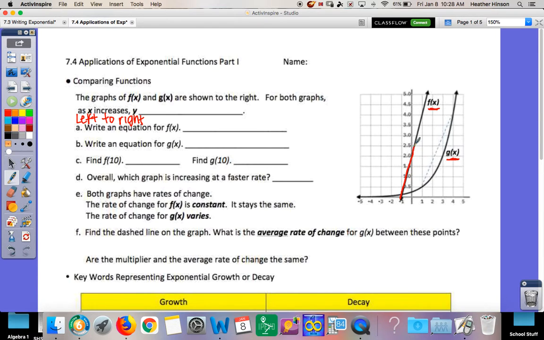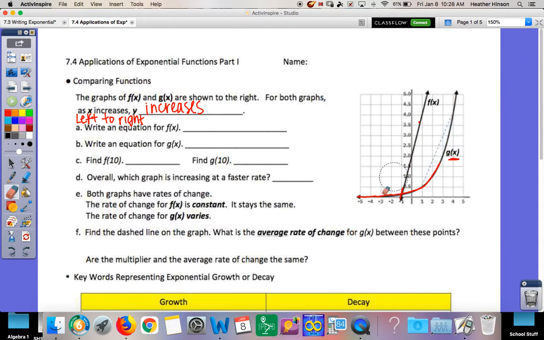What is your graph doing? It's going up, which means it's increasing. Same thing for g of x. If we start on the left, follow your graph, what is it doing? It's increasing. It's going up.